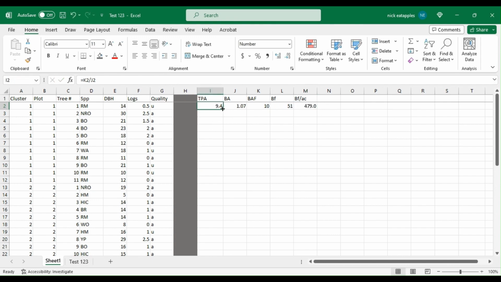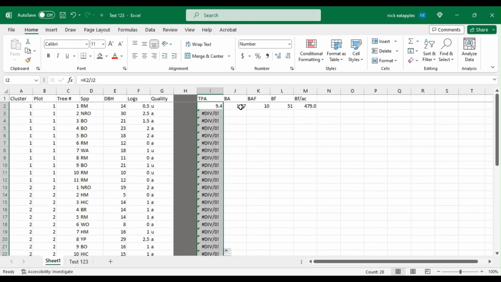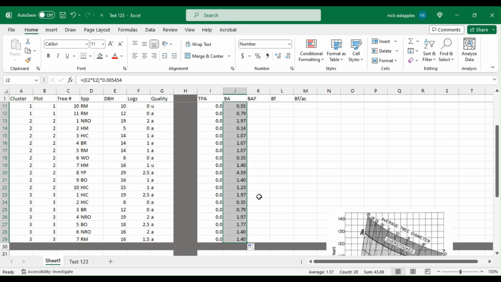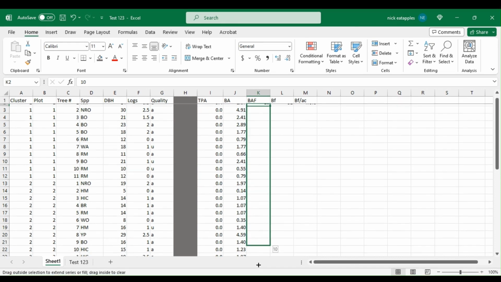So we're just going to run our numbers. Get a good look at the formulas again. AF10, we use a 10-factor prism.